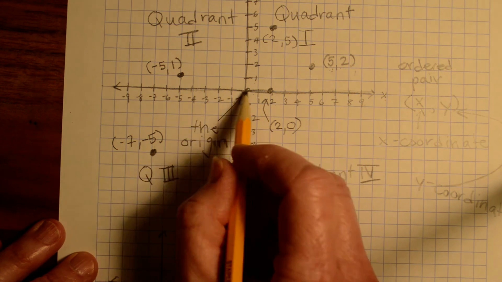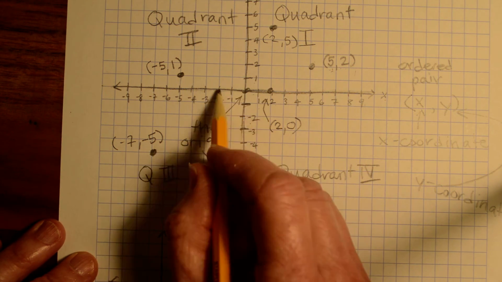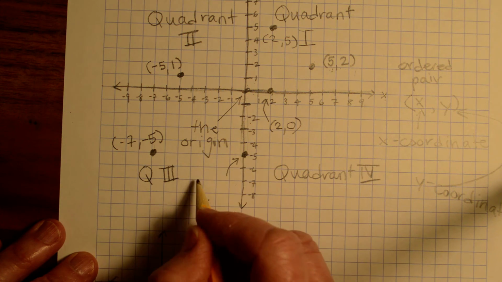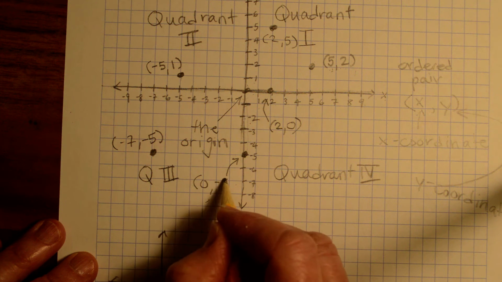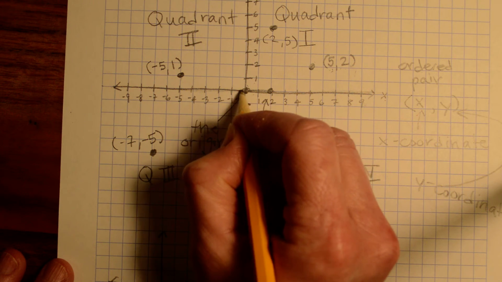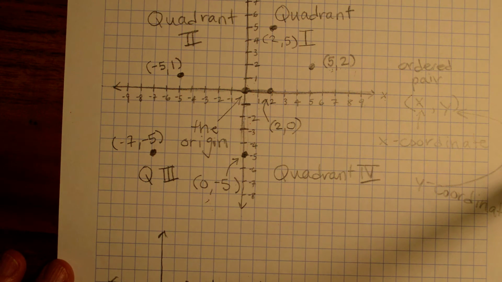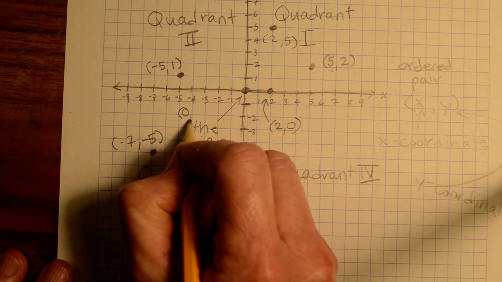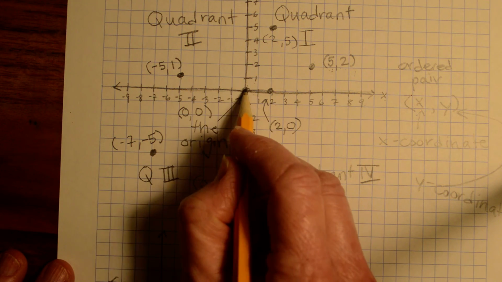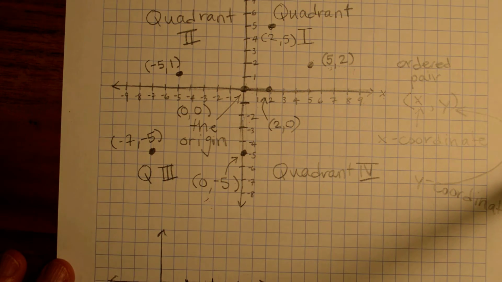That one right there would be, we don't go anywhere on the x-axis. It doesn't tell us to move left or right, and then we would just go down 5. So this would be 0 on the x, -5 on the y. All right, last one is what are the coordinates of that point right there, the origin? And hopefully you said (0, 0). Don't go left or right, don't go up or down, just stay at that beginning point, that origin.